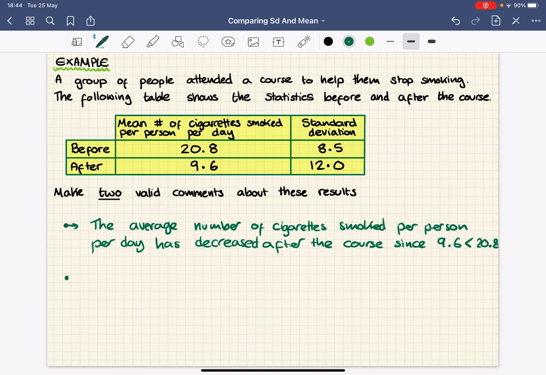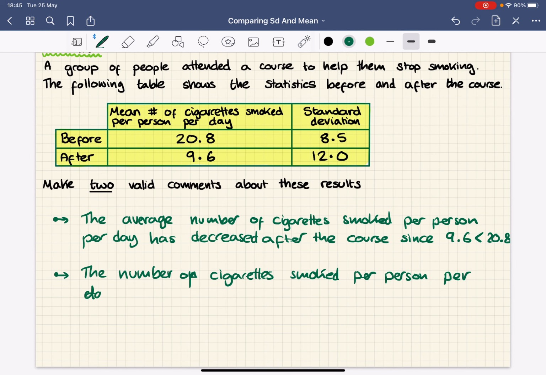So I'd say, the number of cigarettes smoked per person per day is, in this case, less consistent after the course, since that 12.0 is more than 8.5. Just about squeeze that in.